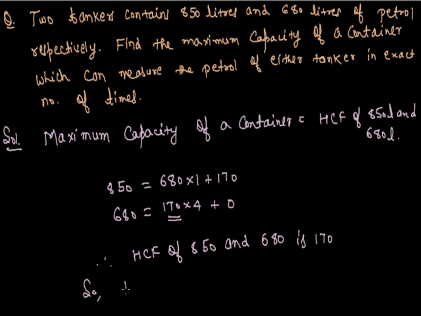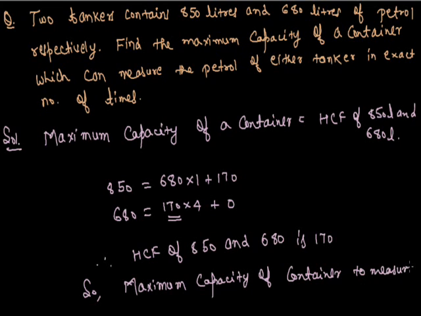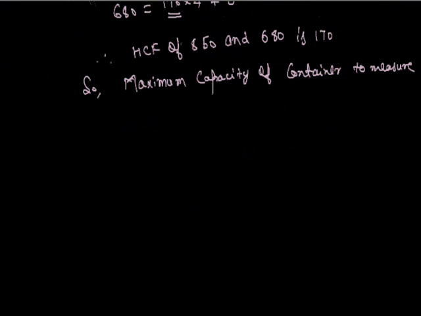So the maximum capacity of a container to measure the petrol of either tanker is equal to 170 liters.